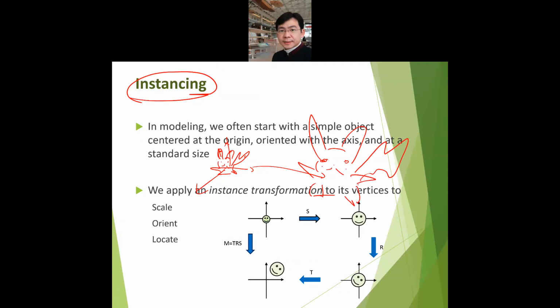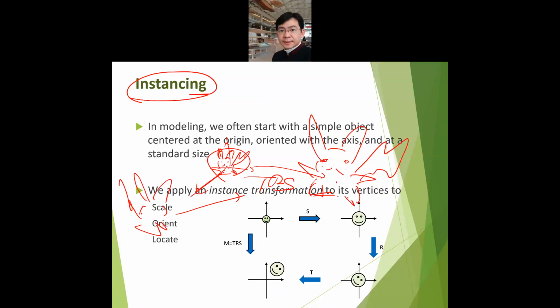So, for instance, you can use translation, scale, and rotate, and you can generate a bigger Pikachu at a certain location. Given the same model, we can also move the Pikachu to here, for instance, but facing toward this direction.